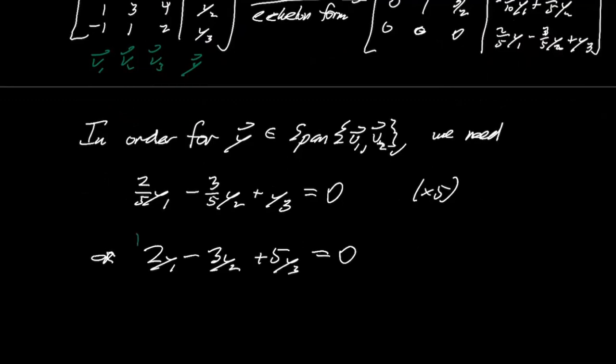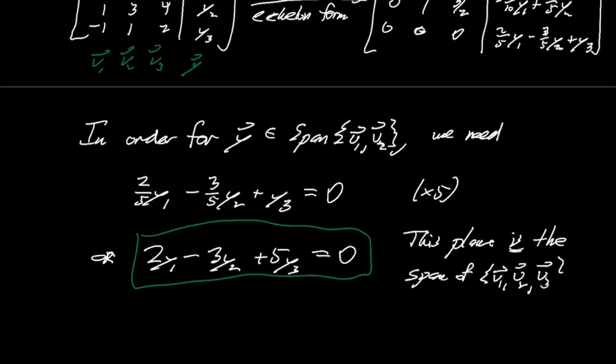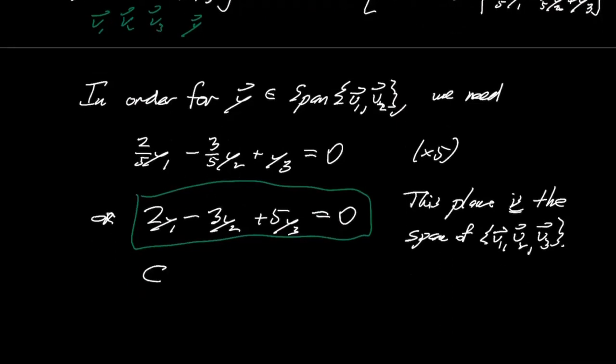And this is the plane. So this is the span. This is a plane in space. If I think of the axes being Y1, Y2, Y3, this plane is the span of V1, V2, and V3, in some sense. And again, another thing I would say to check, it's very satisfying that V1, V2, V3, and W all satisfy this equation.